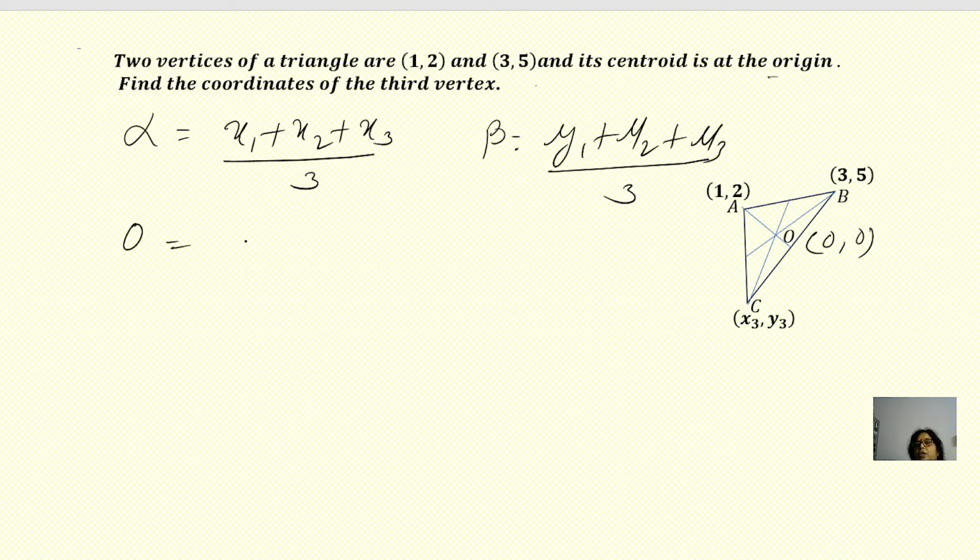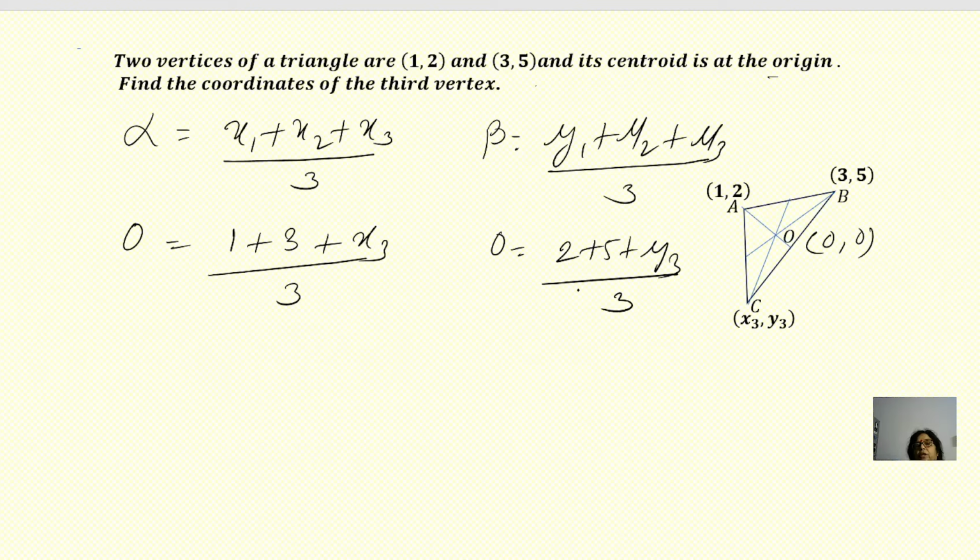So 0 is equal to (1 plus 3 plus x3) by 3 and beta is also 0, so 0 is equal to (2 plus 5 plus y3) by 3. So this is reduced to 0 is equal to 4 plus x3 and 0 is equal to 7 plus y3.